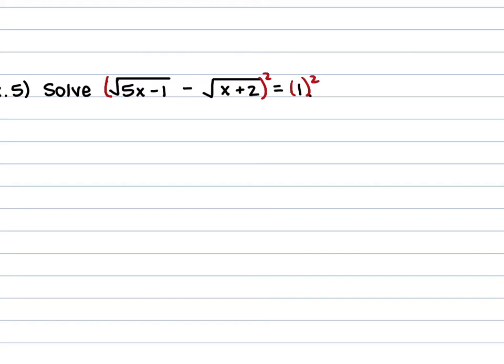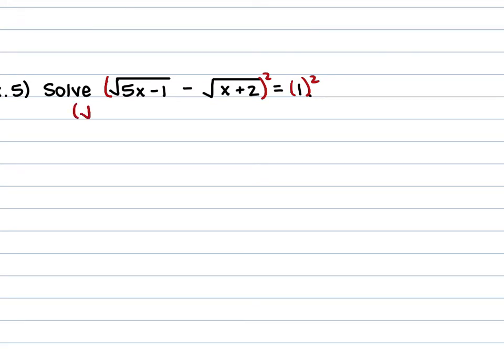We have a binomial squared, so we can use our perfect square trinomial formula. So a squared plus or minus 2 times a times b plus b squared. We'll use that minus 2 times a times b since there's a subtraction sign between these two radicals. So we're going to have an a of that square root of 5x minus 1, a b of that square root of x plus 2.